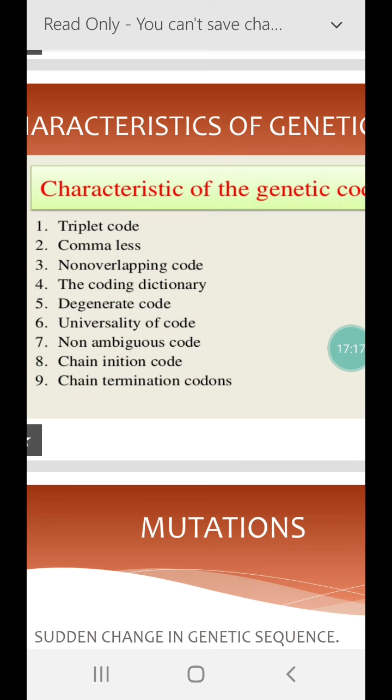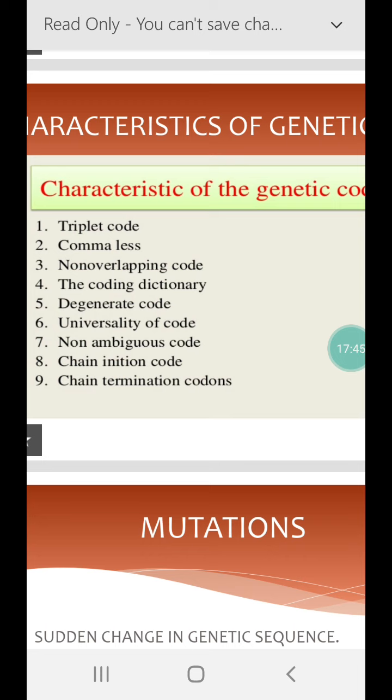So they are commaless. Then they are non-overlapping code, meaning there is a single code for a single amino acid. No overlapping is there. It is then non-ambiguous. Each codon will specify a particular amino acid.